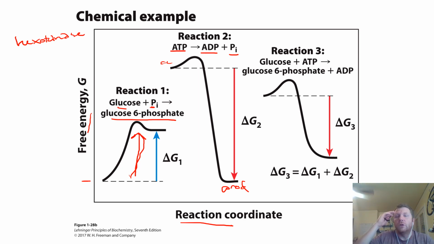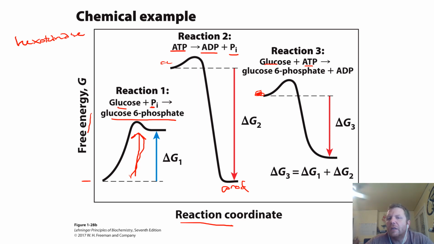Okay, so this really does capture energy coupling quite well because it shows glucose plus ATP yields glucose 6-phosphate plus ADP. Okay, so what that displays here is an overall combination of our energy of glucose and ATP. We're at a starting point that is higher than glucose plus Pi, and it's lower than ATP.